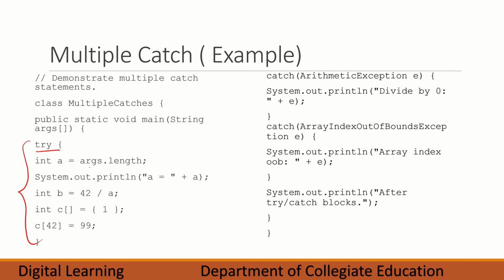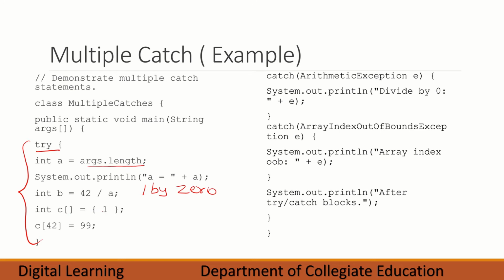So now I am getting the number of command line arguments. A is equal to args.length, and if A is equal to 0, then 42 divided by 0 will generate a divide by 0 exception. If A is not equal to 0, then the control will come to the next statement: array C is initialized to 1.